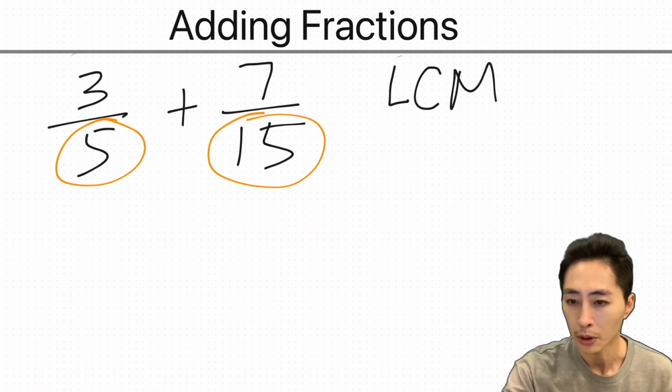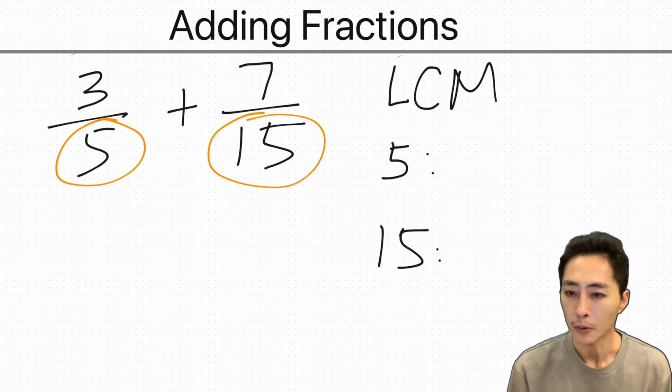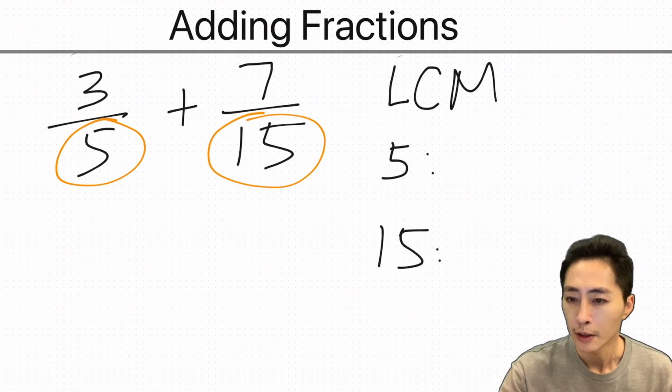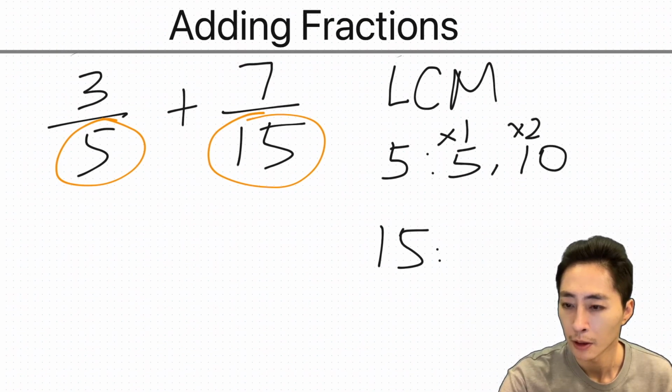So what we would do is take the 5 and the 15, and then multiply in sequence like so. First, 5 times 1 is 5. 5 times 2 is 10. Then 5 times 3 is 15.